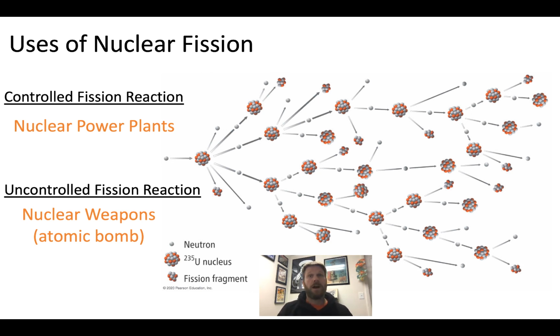In a nuclear power plant, this chain reaction is held in check with control rods, which absorb some of the emitted neutrons and prevent them from triggering the fission of another uranium nucleus uncontrollably. Well, in an atomic bomb, this same chain reaction occurs unchecked. This explains the tremendous energy release of an atomic bomb.